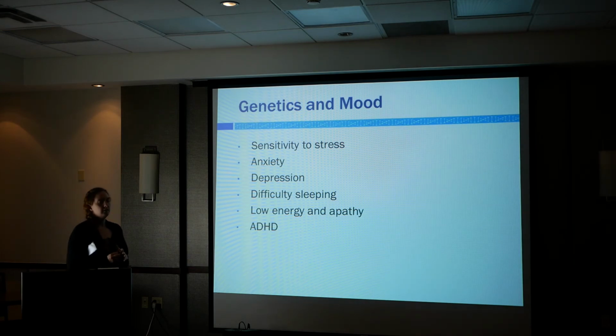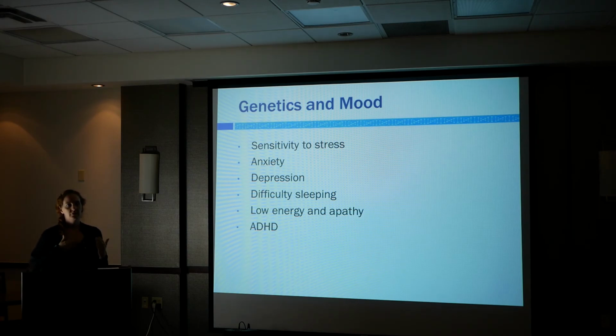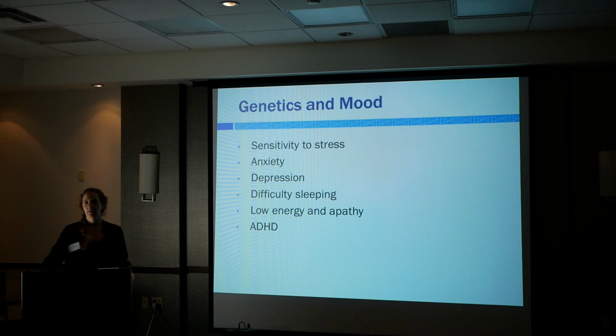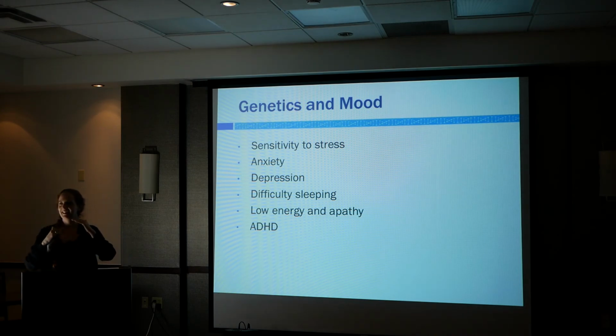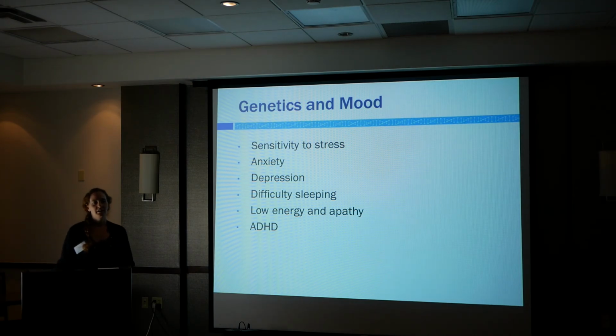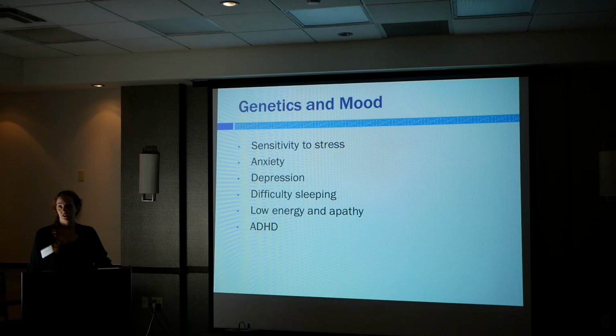So mood, other aspects too, neurotransmitters and neurotransmitter levels, and I think you can see this in any conversation that you have with anybody. You can see there's certain people who are just naturally peppy or naturally down, and that is a change in neurotransmitter levels, and there's a huge basis in genetics for that. So look at their mood. Are they sensitive to stress?